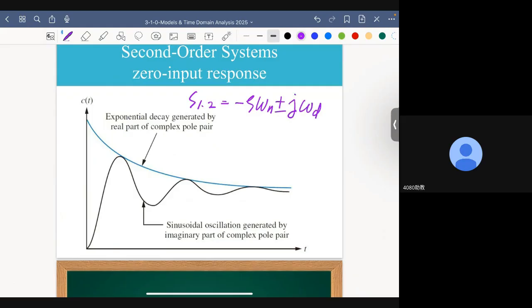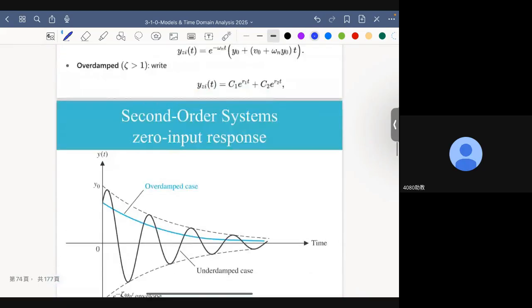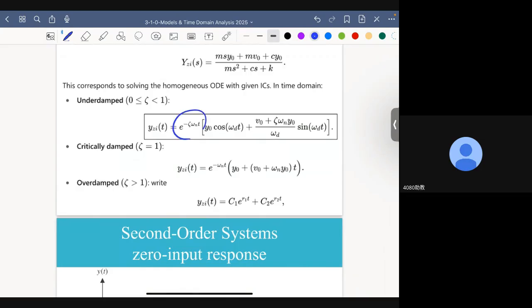And this blue curve is actually e to the minus eta omega n t. That is where the envelope comes from.